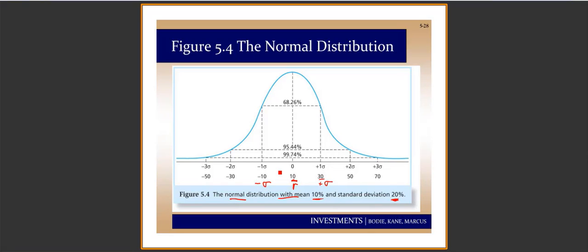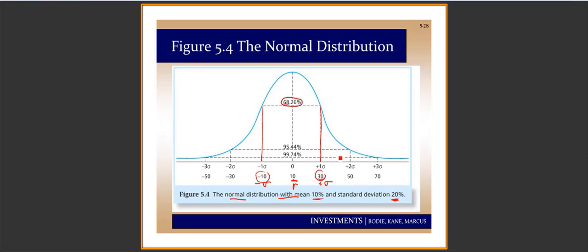Well, that's significant because of what we know about statistics, and I believe it's the central limit theorem that helps us know that approximately 68% of the area under the curve is within one standard deviation of the mean, of the middle. So we could interpret that and say there's a 68% chance that this return is going to fall anywhere from negative 10% all the way to positive 30.